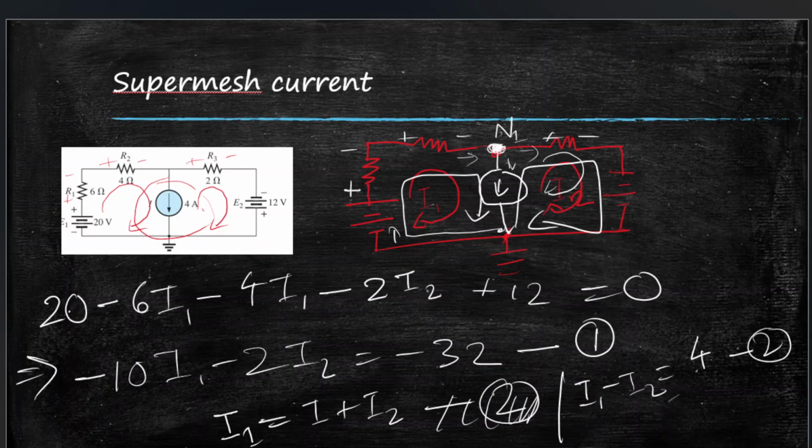Now let's put that in the calculator. We have 2 linear equations, so we can find I1 and I2. So minus 10 I1 minus 2 I2 is equal to minus 32, and then I1 minus I2 is 4.